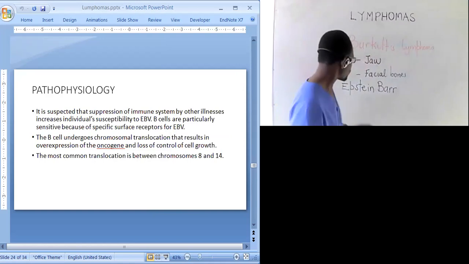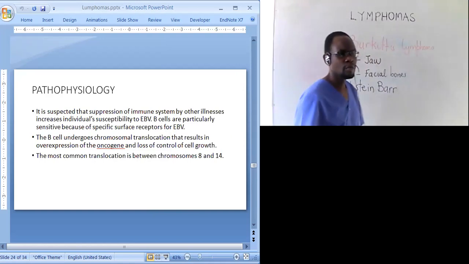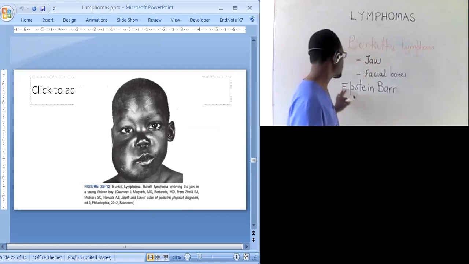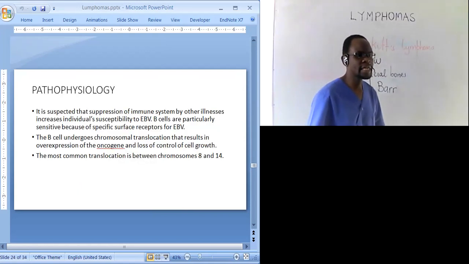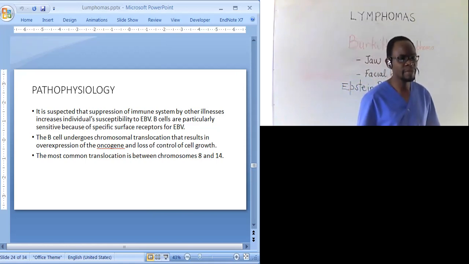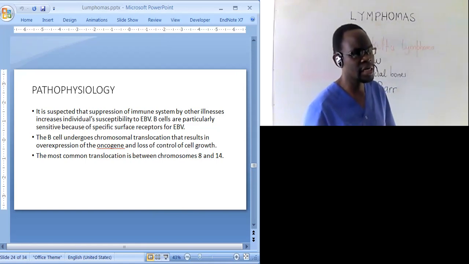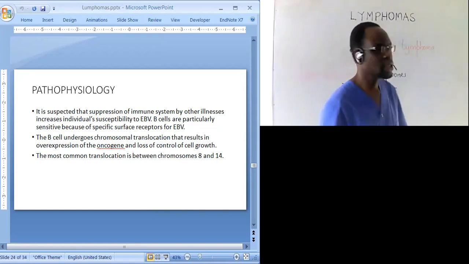And Epstein-Barr virus is one of the organisms that is implicated. It is suspected that suppression of the immune system by other illnesses increases the individual's susceptibility to Epstein-Barr.